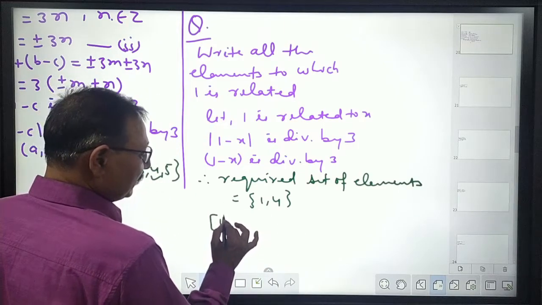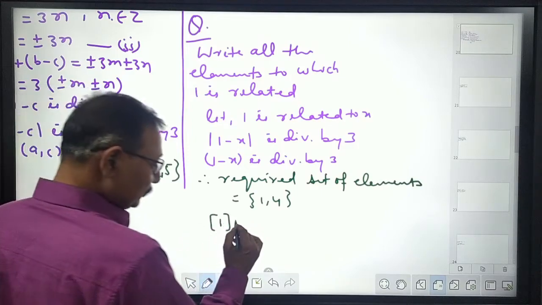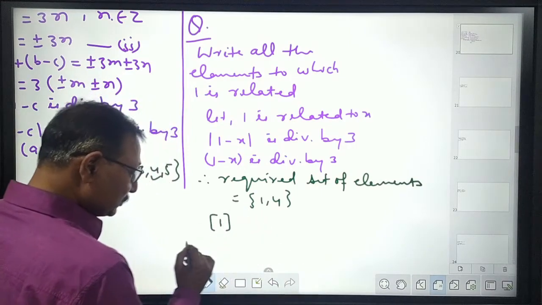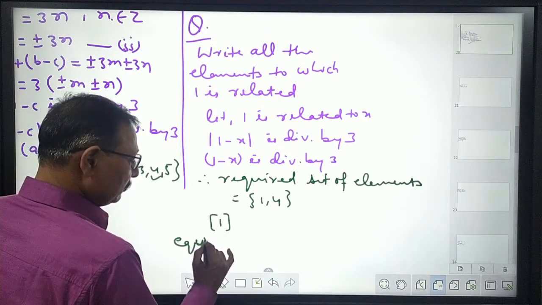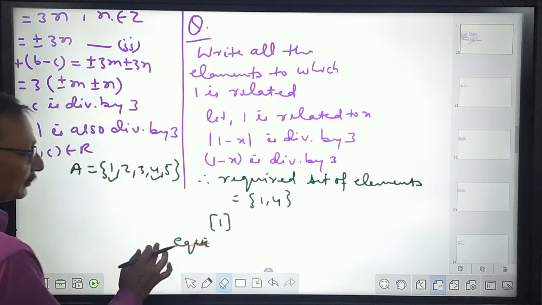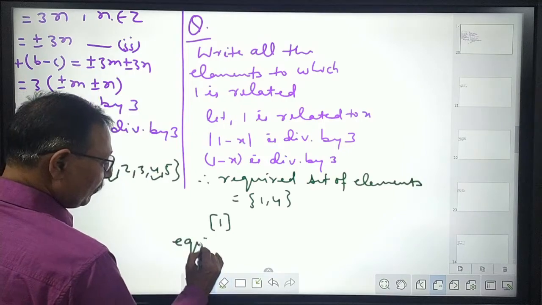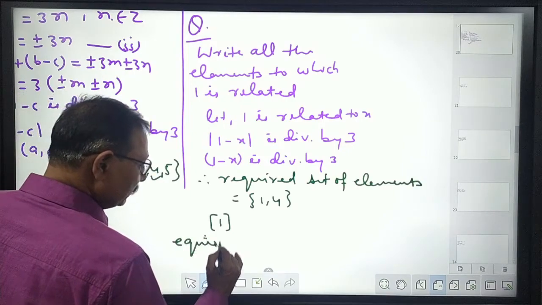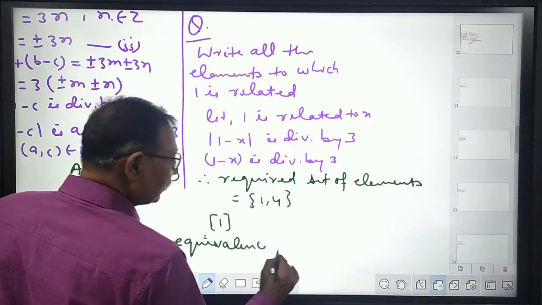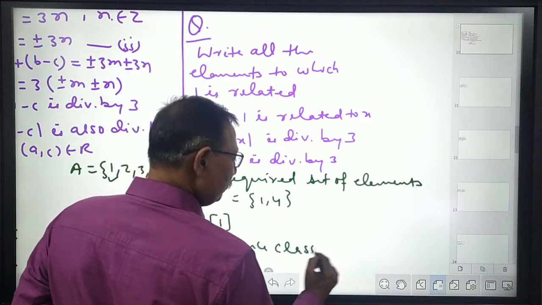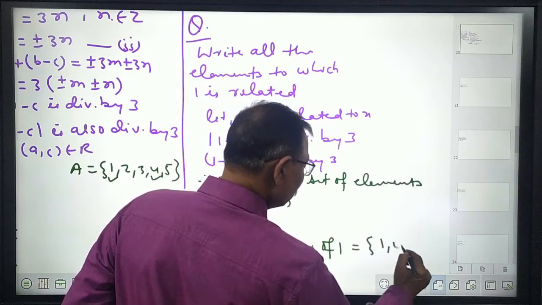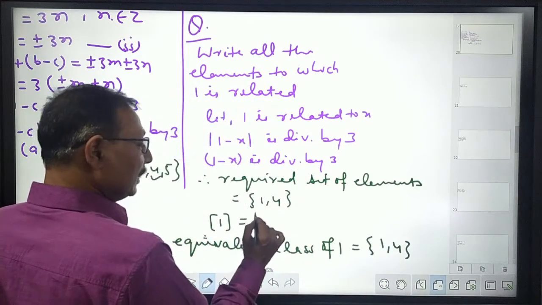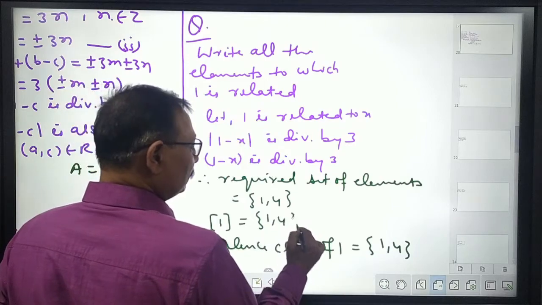Under this bracket, 1, which is read as equivalence class of 1, is equal to {1, 4}.